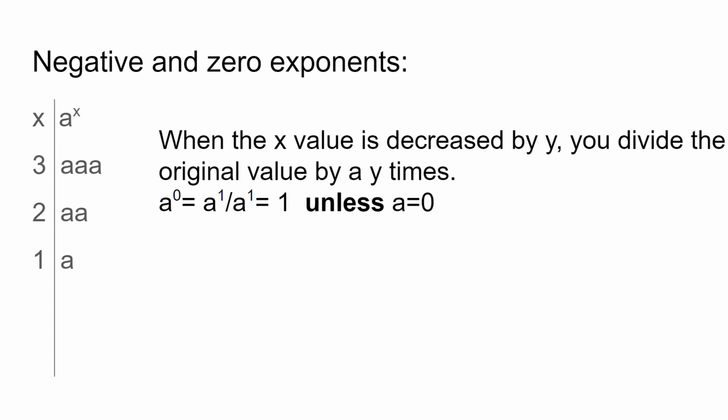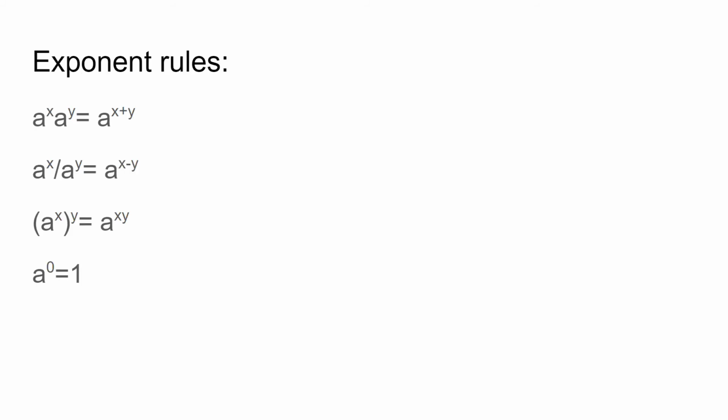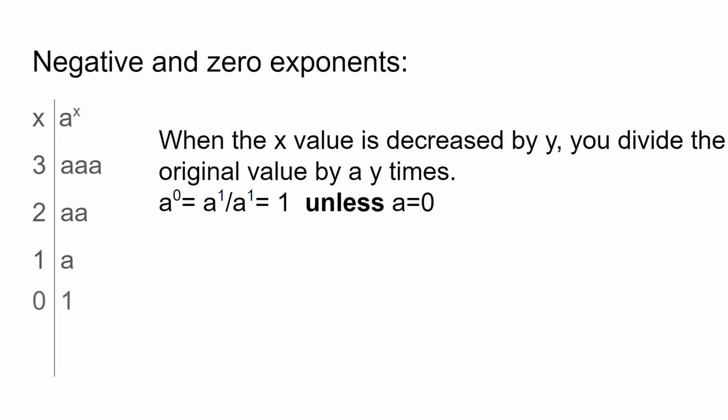And now let's add this new rule to our exponent rules. Now to look at negative exponents, a to the negative x. Let's say negative x was the exponent, then a to the negative x is the same thing as a to the 0 minus x, and that is equal to 1 divided by a to the x.